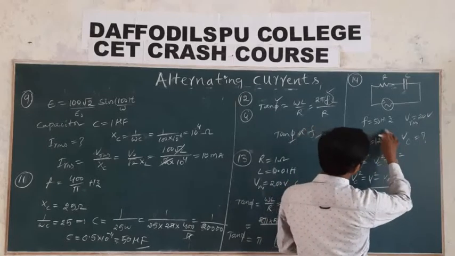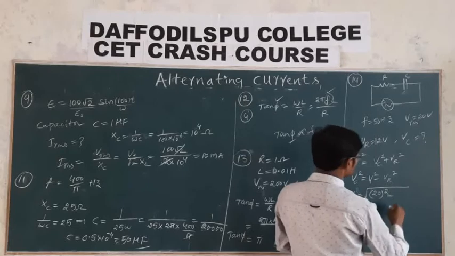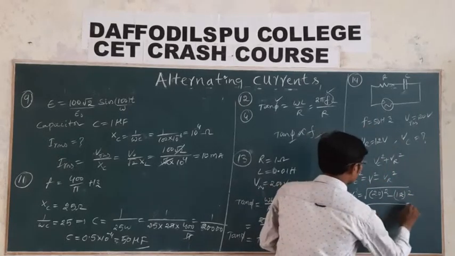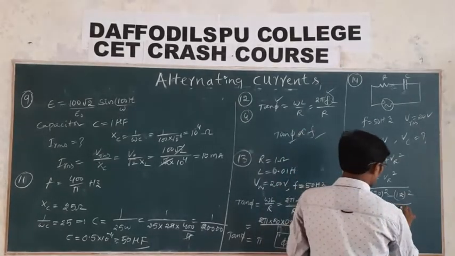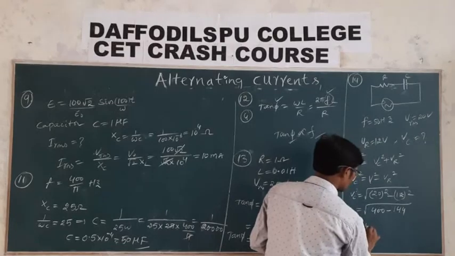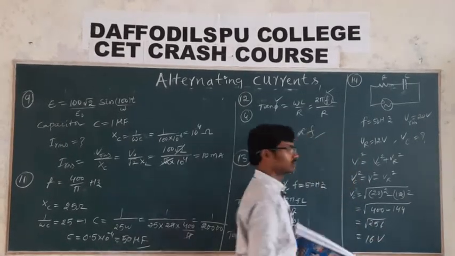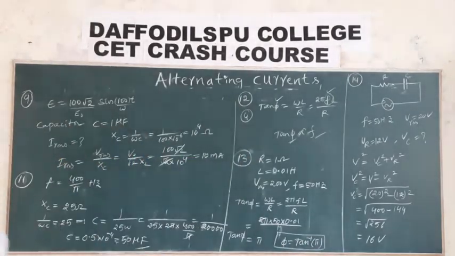V value is 20, so 20 square minus VR value, 12 square. That is equal to root over 400 minus 144, which is root over 256, which is 16 volt. 16 volt is the second option.